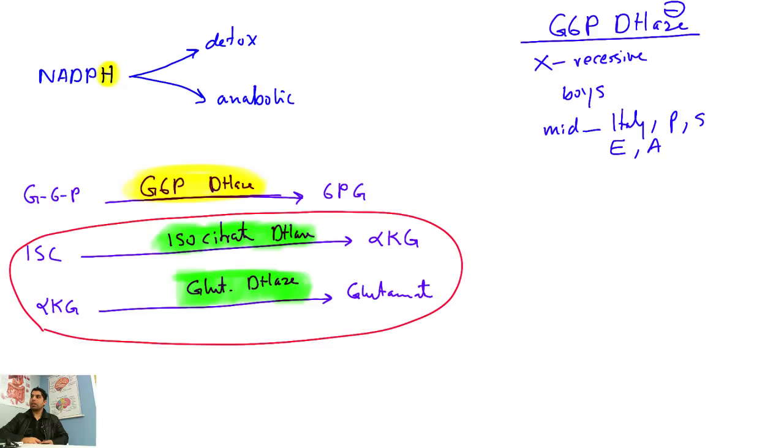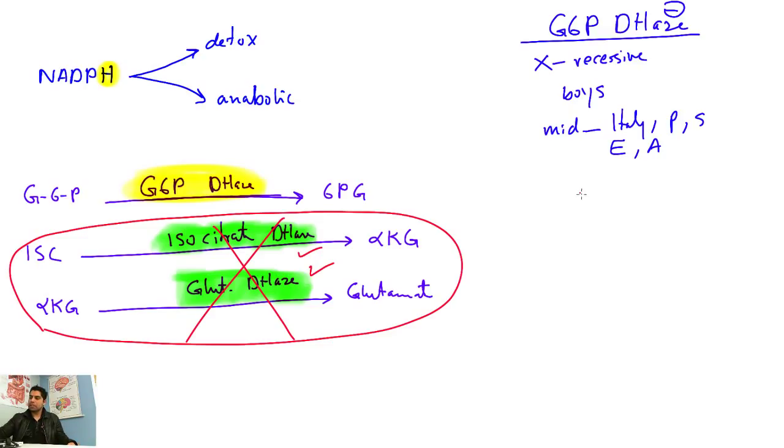Any cell that has mitochondria is not affected by it, because those cells will get NADPH from other sources. They will get it from isocitrate dehydrogenase and glutamate dehydrogenase. Not a problem. But RBCs don't have mitochondria. They don't have these enzymes. They only have glucose 6-phosphate dehydrogenase. If that enzyme is deficient, there's nothing for them.